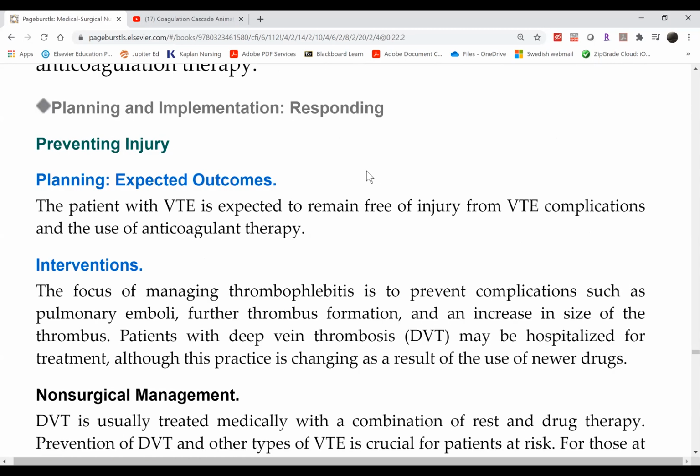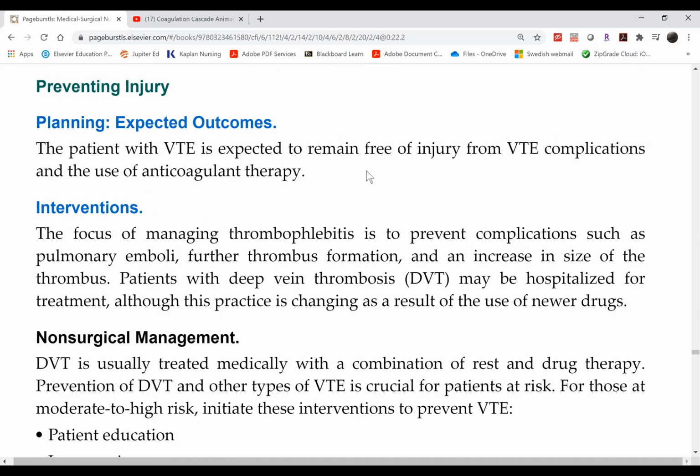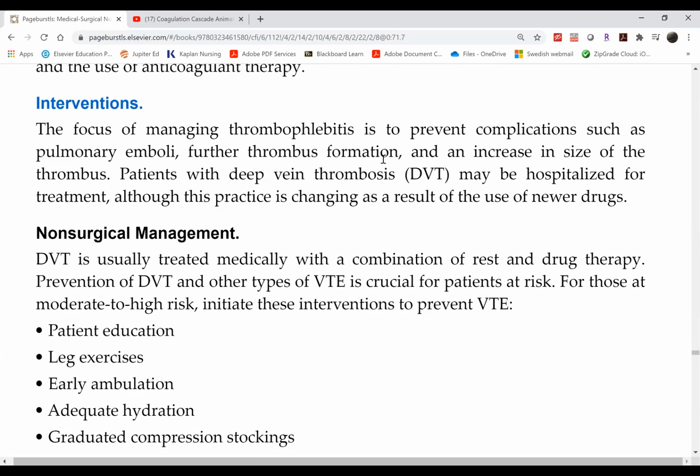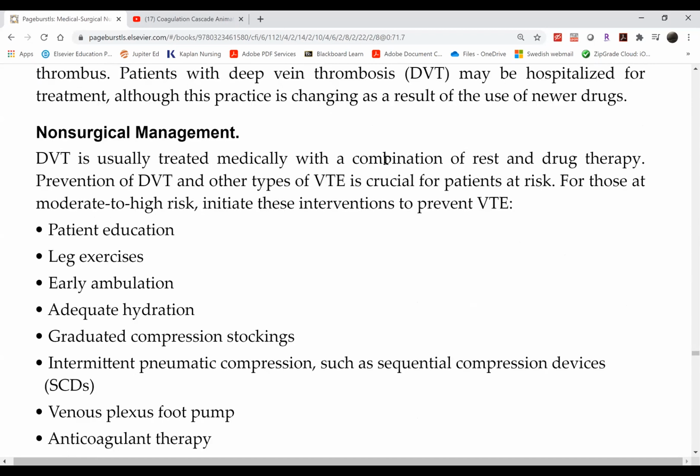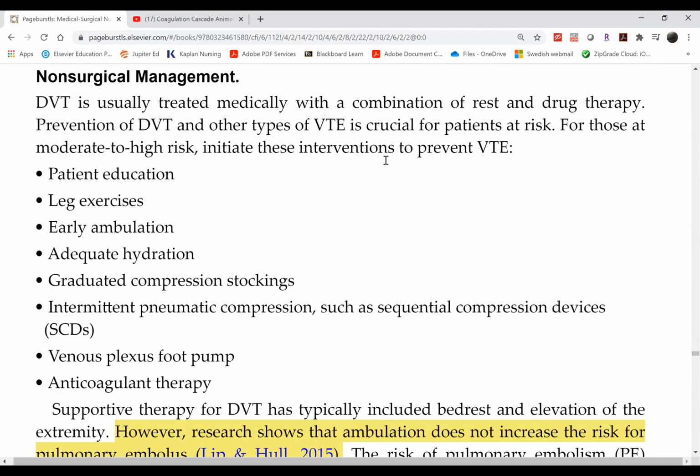Now let's go to interventions. Let's start with prevention first. It's not that easy, and sometimes the patient is not that lucky that the DVT stays as a DVT. Sometimes it breaks off, becomes PE, kills the patient. So it's better to prevent it because we may not be lucky to find it as the clot as a VTE.